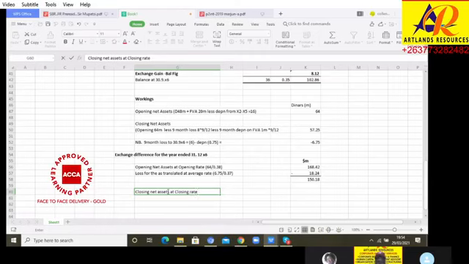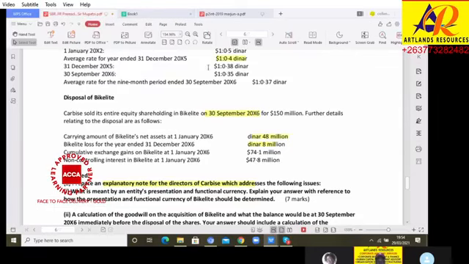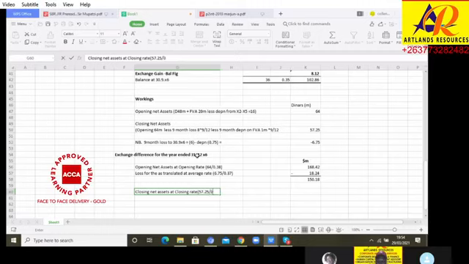Closing rate. Now these are net assets that are closing 57.25. You know, the figures that we have calculated there at the top, 57.25 over closing rate at 30 September was 0.35. So over 0.35.